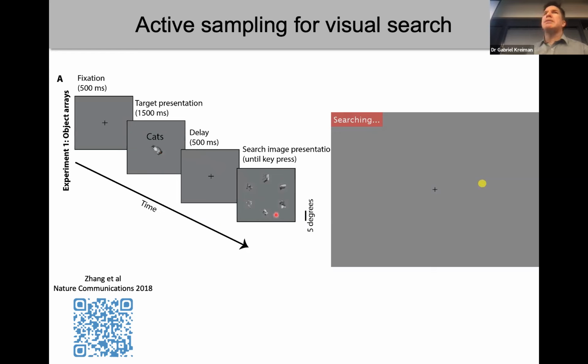In this rendering, this is way too small for you to see anything. But remember that in the actual experiment, these are quite large, about 5 degrees of visual angle. So each of these objects is more or less the size of your hand if you extend your hand. They're pretty large and relatively easy to search. So this is what happens when people are actually doing these tasks. Oh, maybe not.